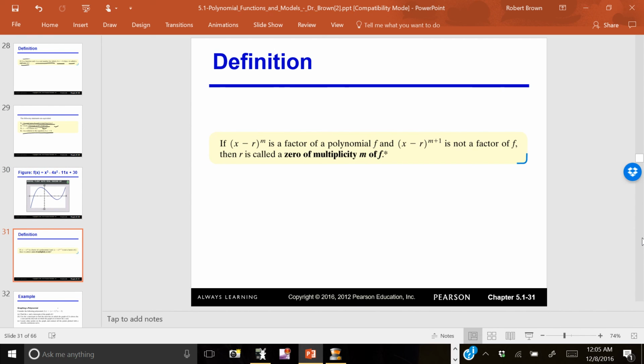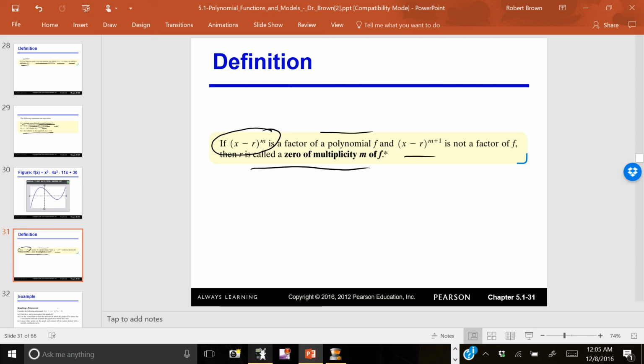Now, if x minus r to the mth power, where m is an integer, is a factor of a polynomial, and x minus r to the m plus 1 is not a factor, then r is called a zero of multiplicity m.